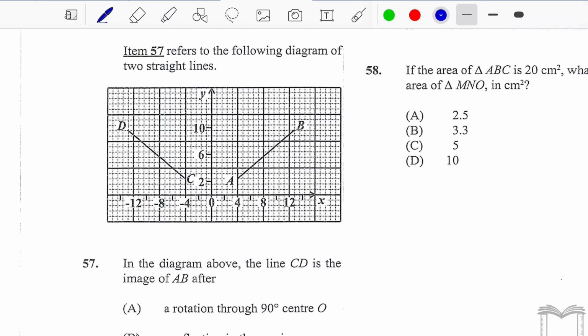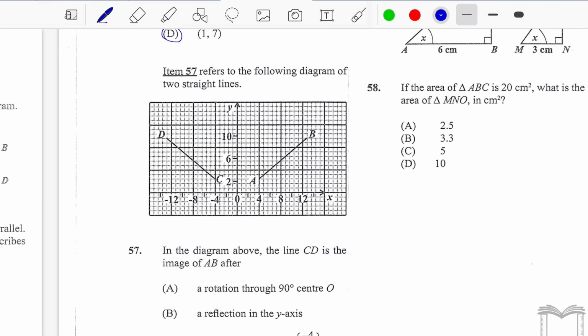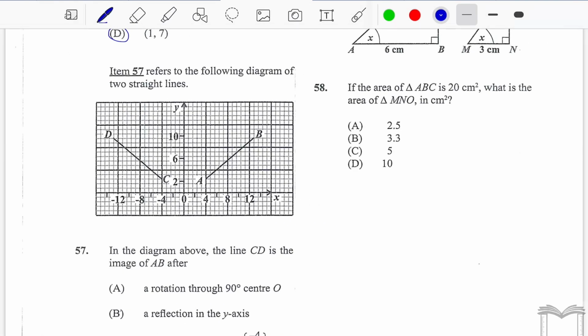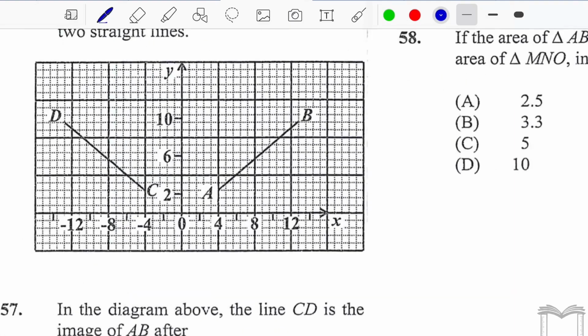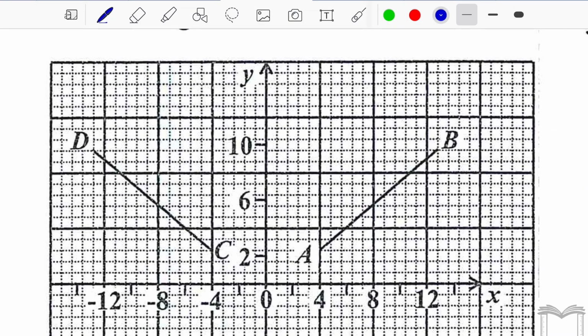Item 57 refers to the following diagram of two straight lines. In the diagram above, the line CD is the image of AB after. So this looks to me like a reflection in the y-axis.